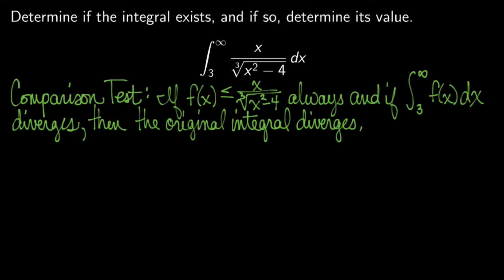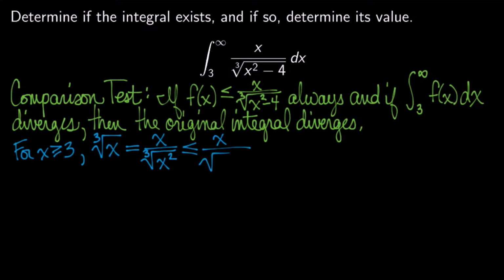So I just need to think of a function that's smaller than my integrand and is easier. And that function is going to be the cube root of x. Why? Because the cube root of x is literally equal to x over the cube root of x squared, right? It's x to the 1 divided by x to the 2/3. That's how that works. And then that function is less than or equal to x over the cube root of x squared minus 4, right? Can you see how the only difference there is the minus 4?